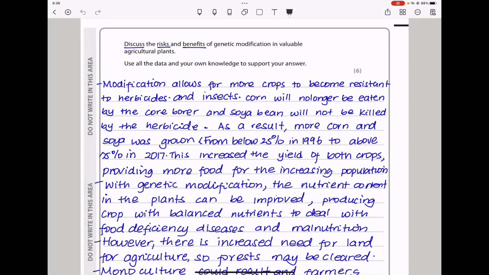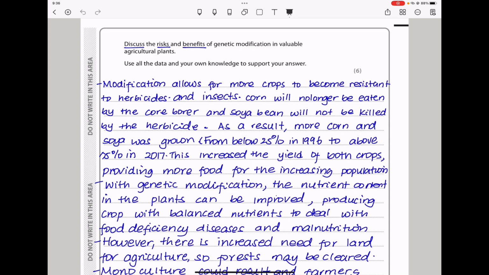Moving on. So here they say discuss the risks and benefits of genetic modification in valuable agricultural plants and use all the data and your own knowledge to support your answer. So of course, the benefits are it increases the yield. Many people are going to be fed.